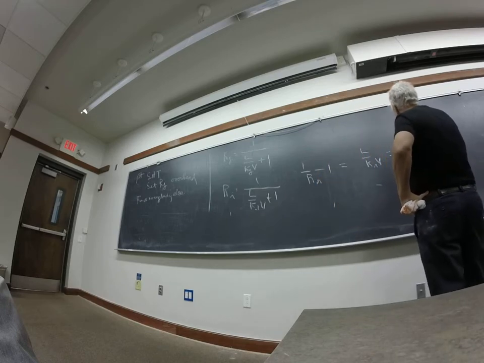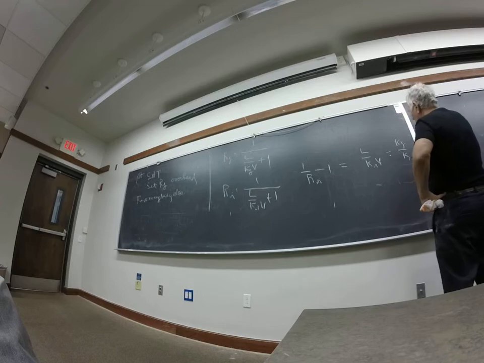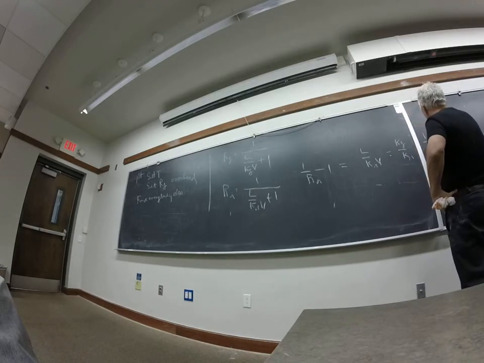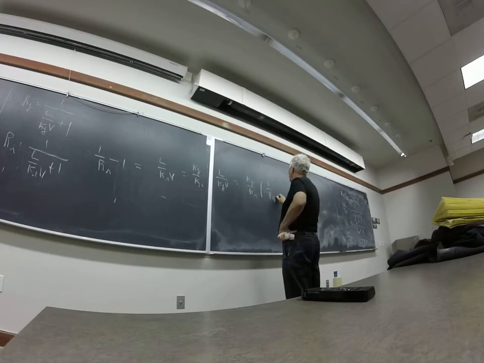Now what I'm going to do is multiply by KJ over KI, 1 over KJV, and this will be KJ over KI times 1 over RJ minus 1.